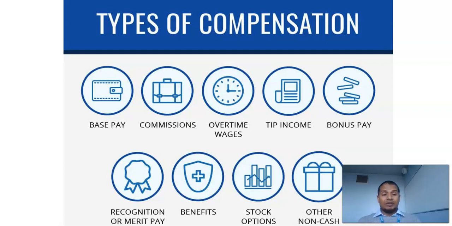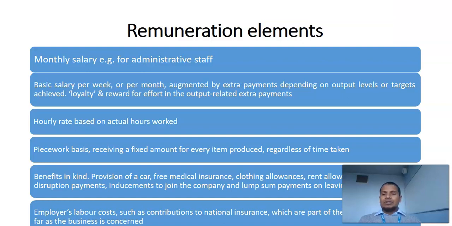They can get this kind of benefit as well, which is a cost to the organization, but employees are getting these non-cash benefits. Okay, so remuneration elements, as we mentioned before, how these are being paid.